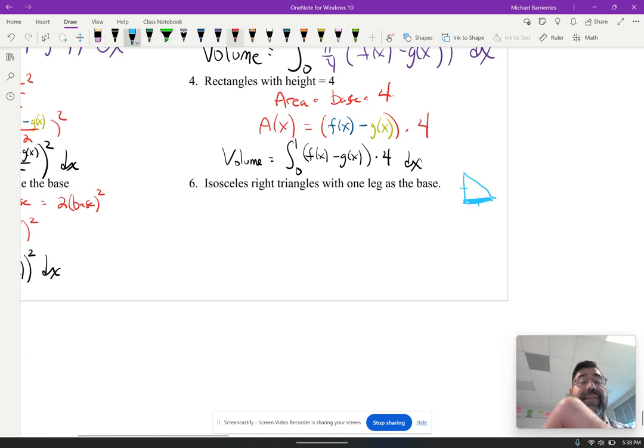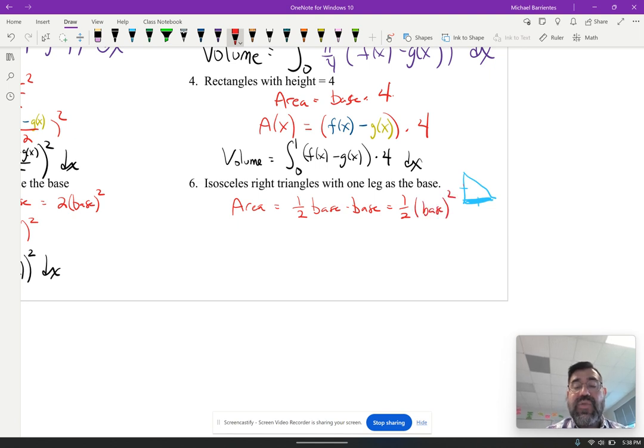So the area of an isosceles triangle is 1/2 base times height, except the height, because it's a leg, is the same size as this leg. So I can just erase this and say 1/2 base times base, which is 1/2 base squared.